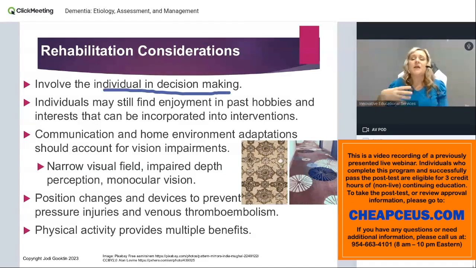As we look at physically, we're working on balance training, or we're working on obstacle courses to navigate the environment. Again, we may not be treating this person for dementia. It may be a comorbidity they have. Either way, what we need to keep in mind is there are going to be visual impairments. We looked at all the different brain areas that are affected.